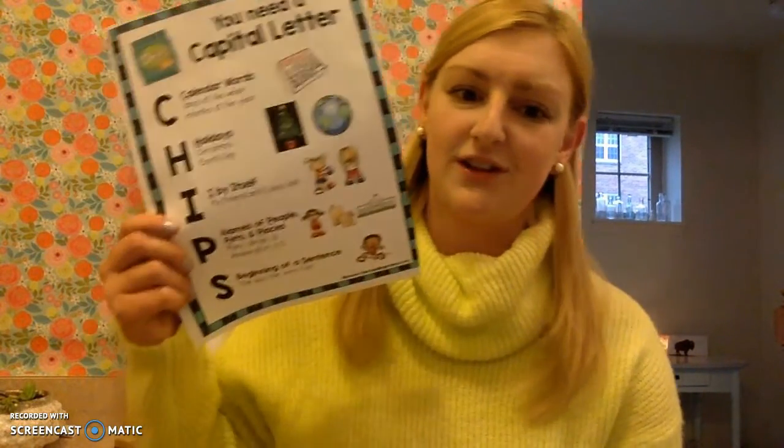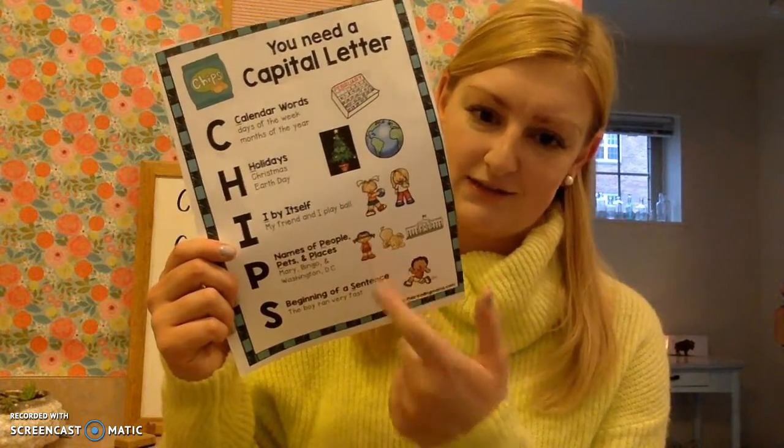When I write about Cammie, I have to make sure that the C is capital, that it is a big letter. If you're talking about my dad's name is Liam, I would capitalize the L. If I'm talking about a place like Fairport or Rochester or New York, you have to use a capital letter. That is what P stands for.